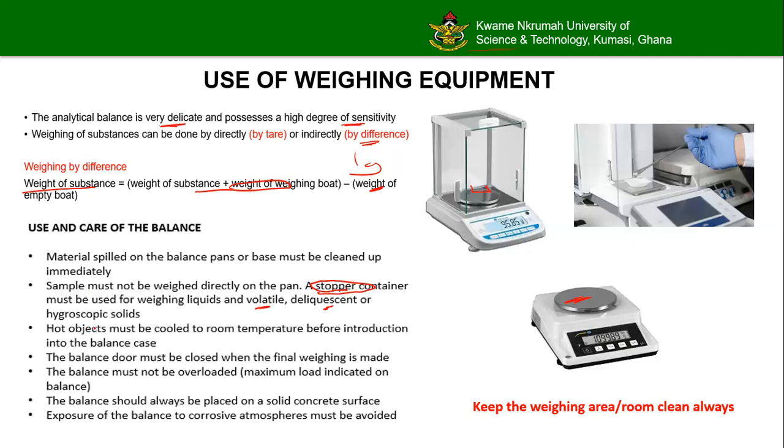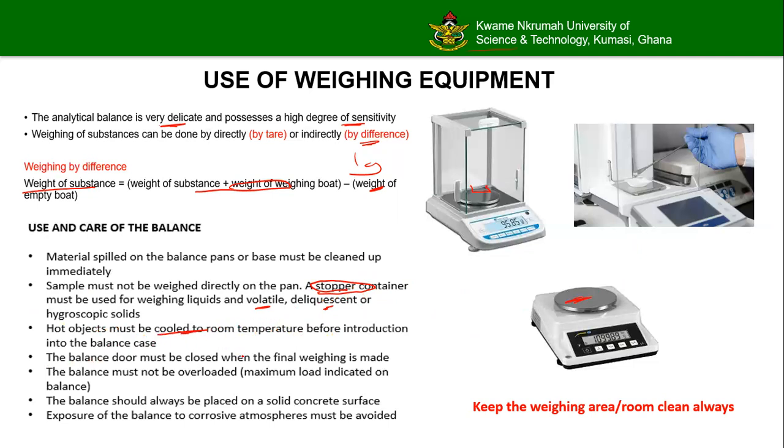Now we are saying that hot objects must be cooled to room temperature before introduction to the balance. If the material is hot, it can cause expansion in the metals in the machine, which we don't really want to happen, right? So make sure the hot object is cool to room temperature before you weigh it in the balance.